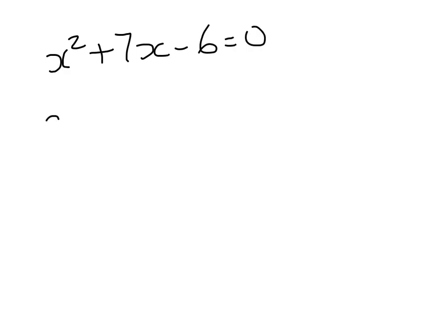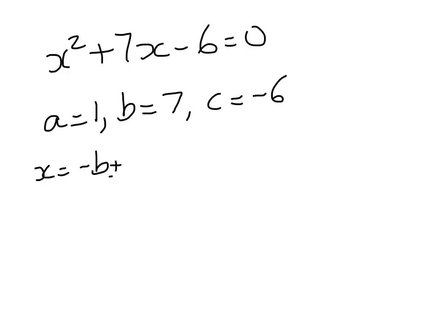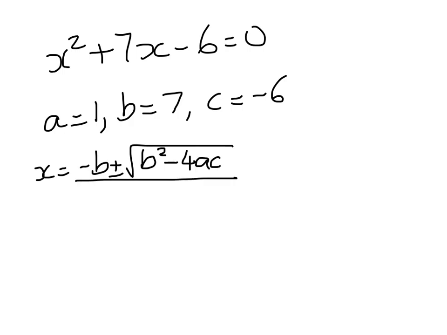It's in the correct form for the quadratic formula. A is 1, B is 7, and C is negative 6. So x will be negative b plus or minus the square root of the discriminant divided by 2a.